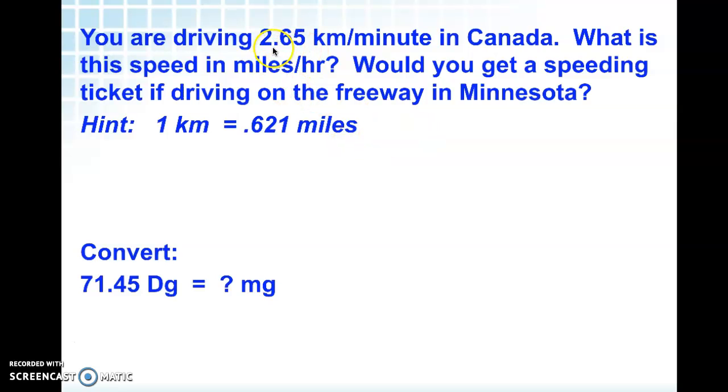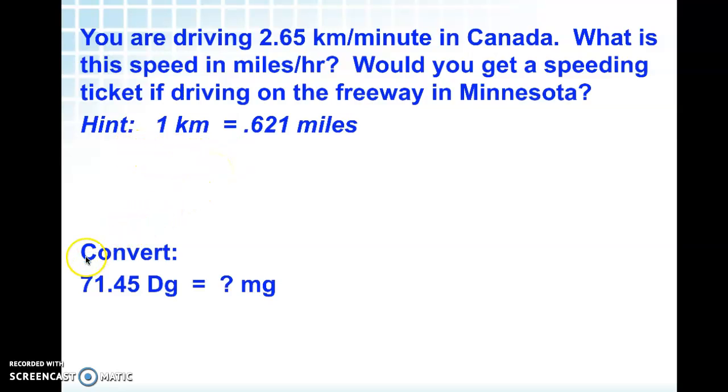You want to convert 2.65 kilometers into miles, and you can use this as a conversion factor. And you want to convert minutes into hours. You know there's 60 minutes in 1 hour. So try to practice making that conversion. You'll see it's a dimensional analysis, and we'll practice that really next section. But you can try that one out.